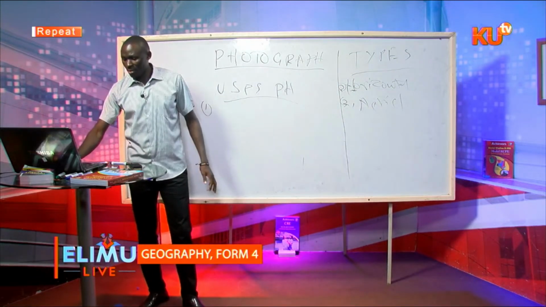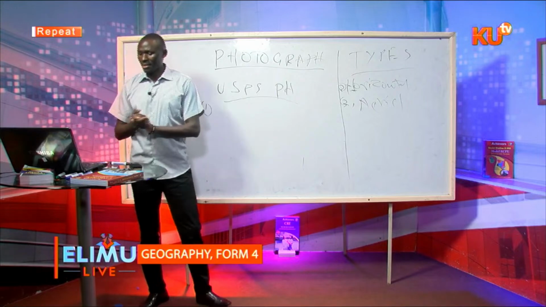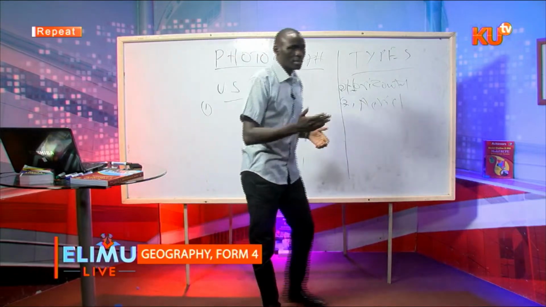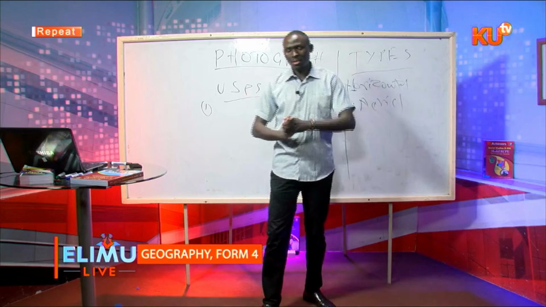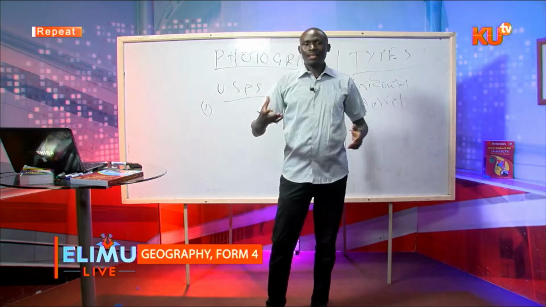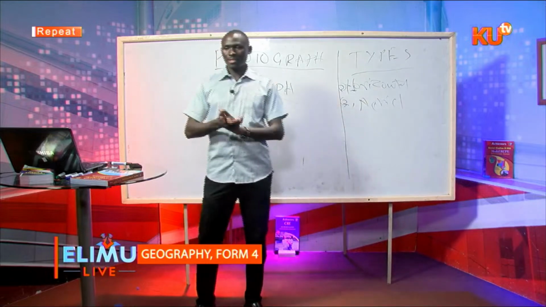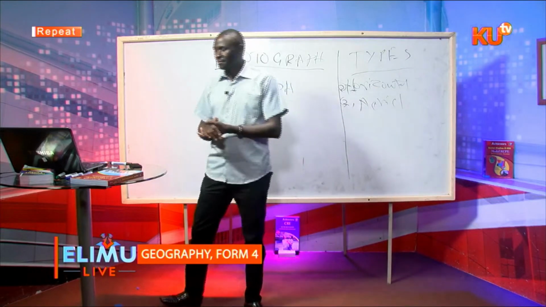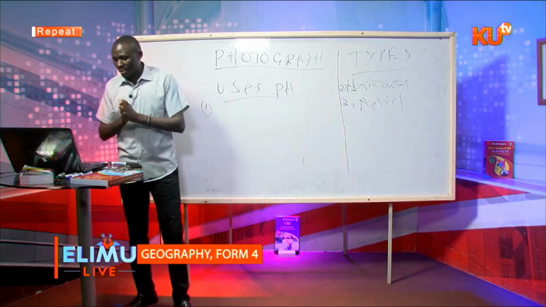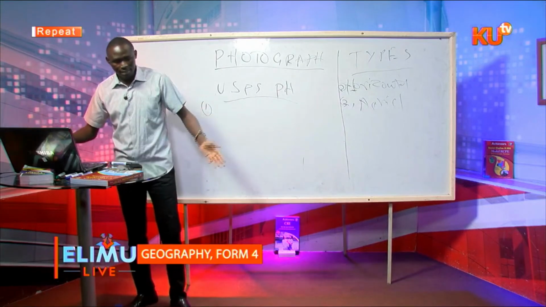The other one is the photographs are used in determining the compass direction, and I've told you that by the estimation of the shadow, your shadow can tell whether it was east or west. So it tells us how it is.